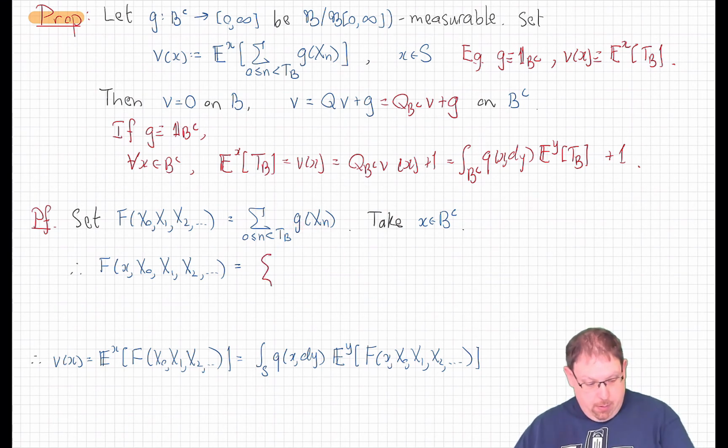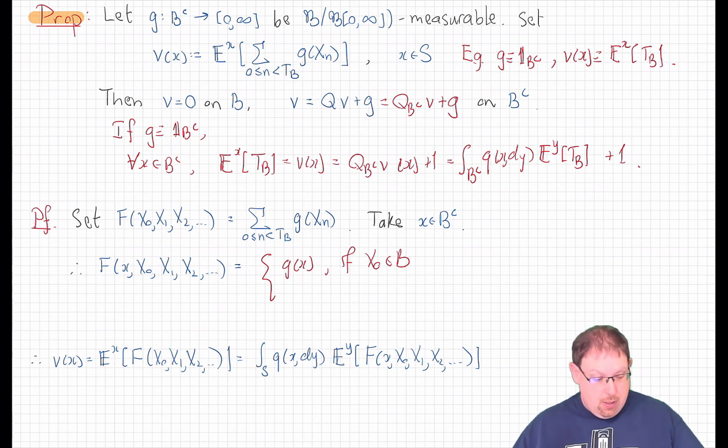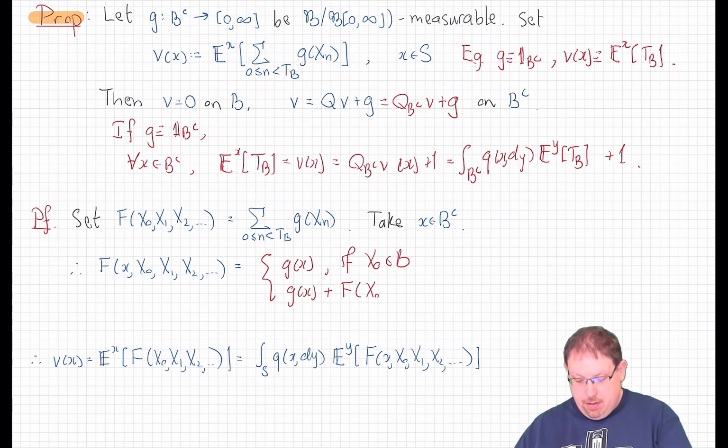So that will equal g of x, whereas if x_0 is not in B, then we will have some more terms in the sequence. In fact, we'll have exactly all of the terms in the sequence after the little x until we stop at T_B. So in that case, this is g of x plus f of the original path.